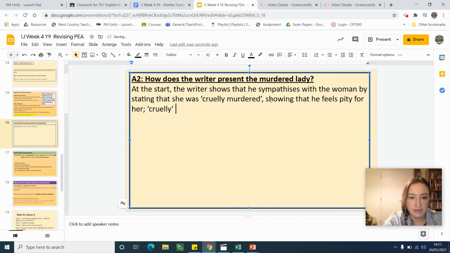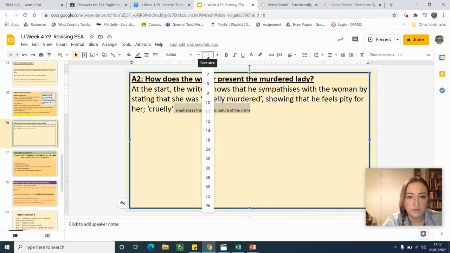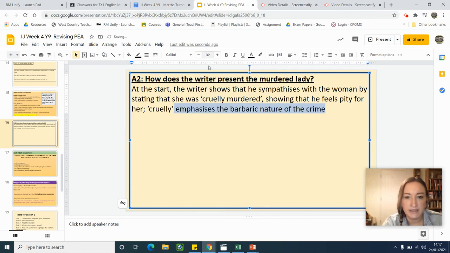And then I've got this bit here that I can copy and paste from my notes on my previous bit. Cruelly emphasizes the barbaric nature of the crime. Okay, great, there's one, and then I'd move on to the next one. Next, the writer suggests, and you can use that as a sentence starter for the next one if you would like to.